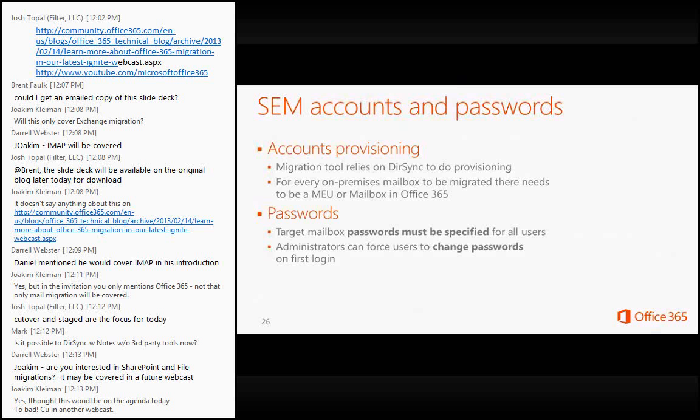So we'll come to that in a minute, but essentially we will only convert the cloud mail-enabled user to a mailbox and then just stamp the target address on premise. We don't actually do any of the conversion of those objects whilst we're using a staged migration. If we're using a hybrid migration, hybrid will flip those objects on premise from a mailbox user to a mail-enabled user. And from a password perspective, again, you need to specify the passwords, and an administrator can force those password changes at next login.